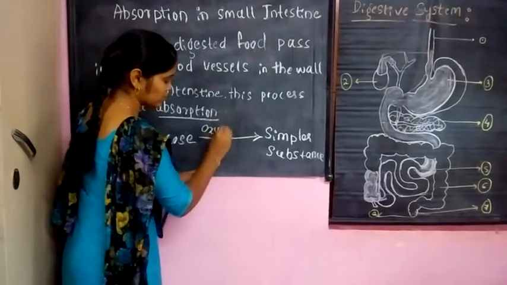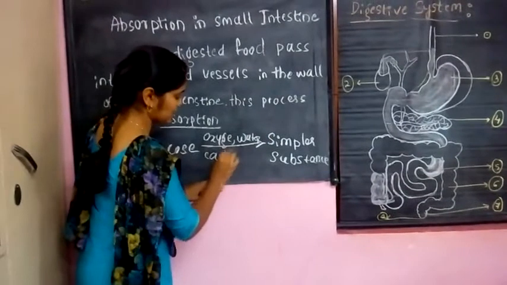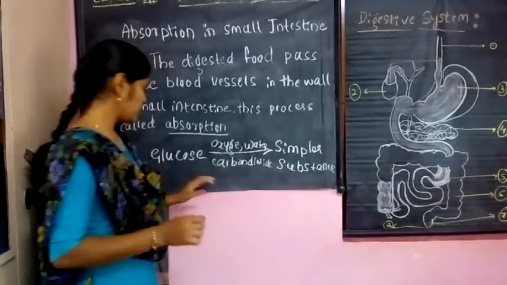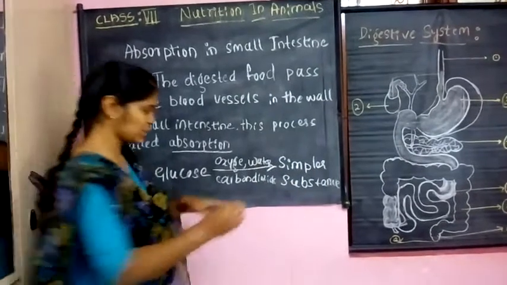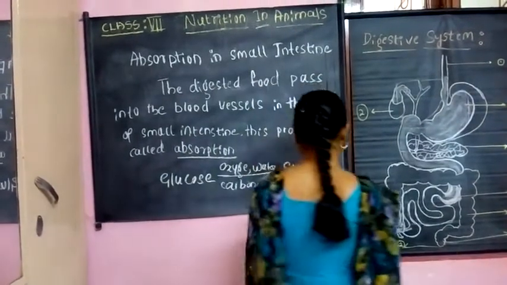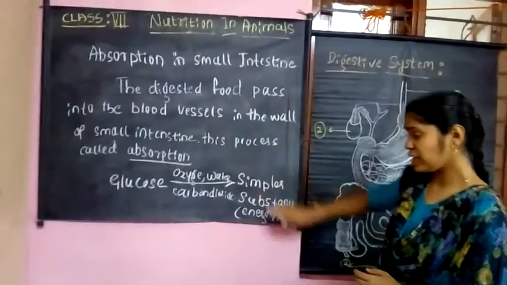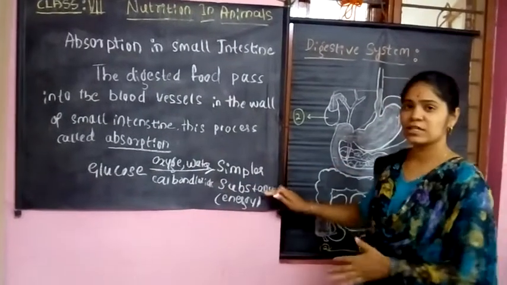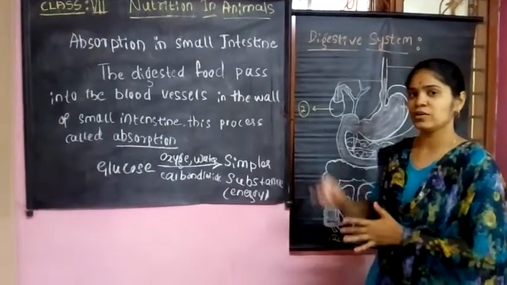Oxygen, then water and carbon dioxide. So in that what happens? These simpler substances are in the form of energy. So glucose is converted into energy in the presence of oxygen, releasing carbon dioxide and water. The energy is released during the assimilation of the food material.